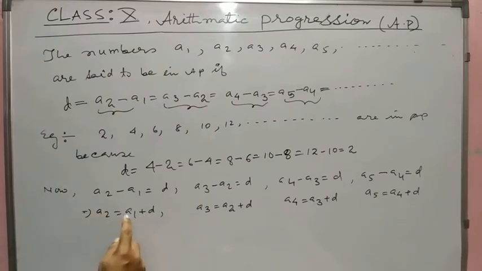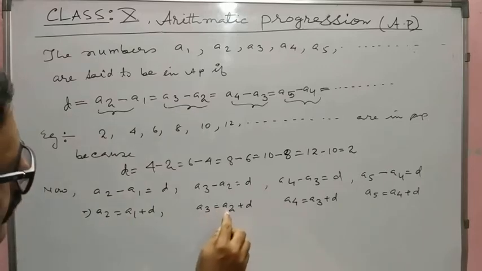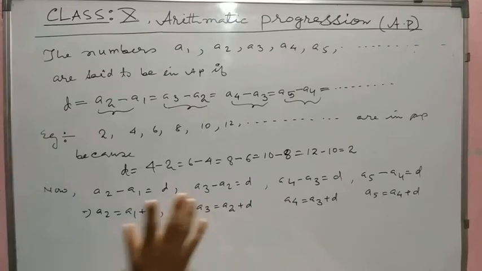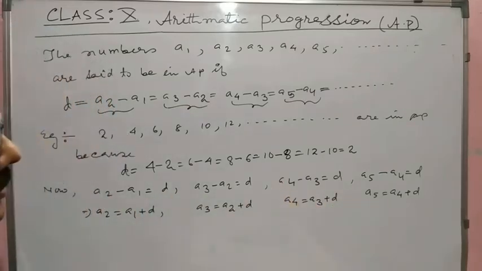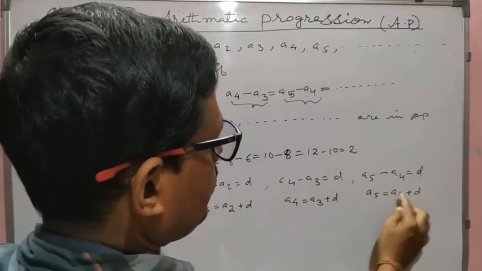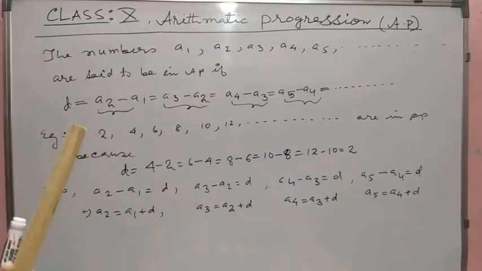That means if we add common difference to the first term, we get the second term. That is, second term equals first term plus common difference. Here also, second term plus common difference equals third term, third term plus common difference equals fourth term, fourth term plus common difference equals fifth term. Correct?